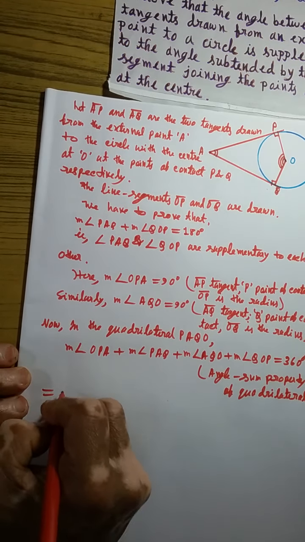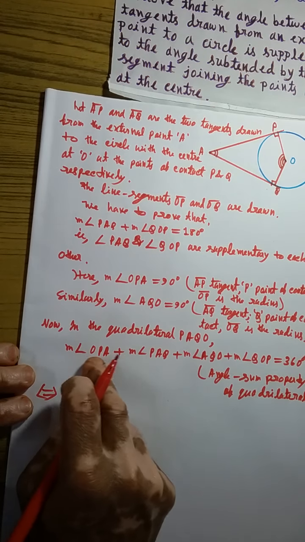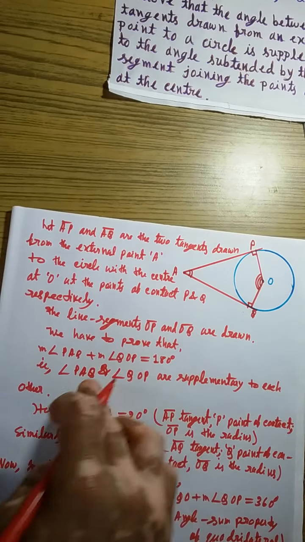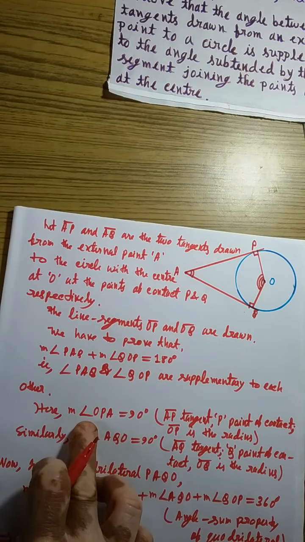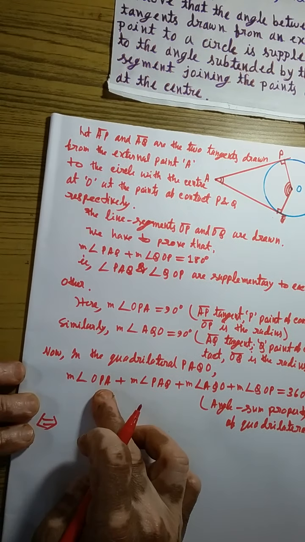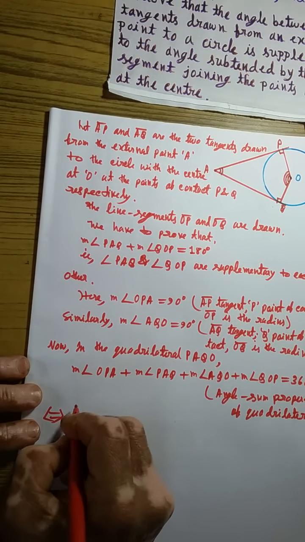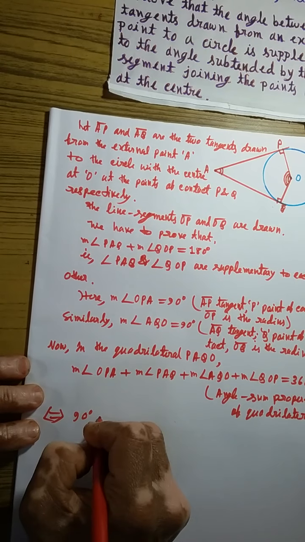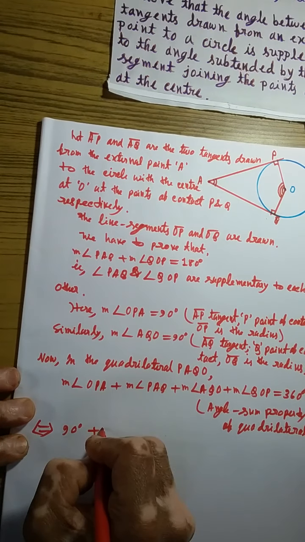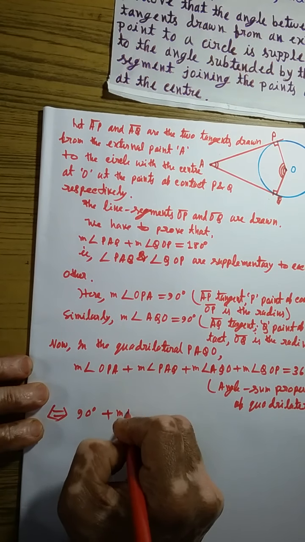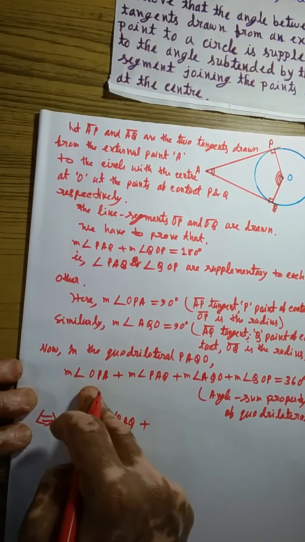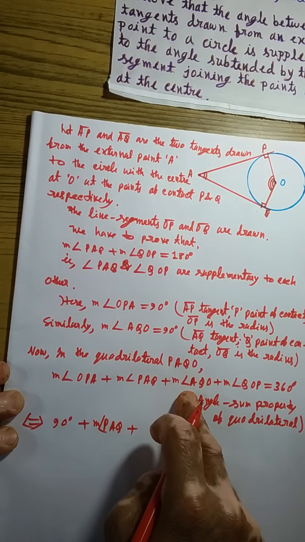That again implies measure of the angle OPA is equal to 90 degrees. So in place of measure of the angle OPA, we will write now 90 degrees plus measure of the angle PAQ plus measure of the angle AQO.